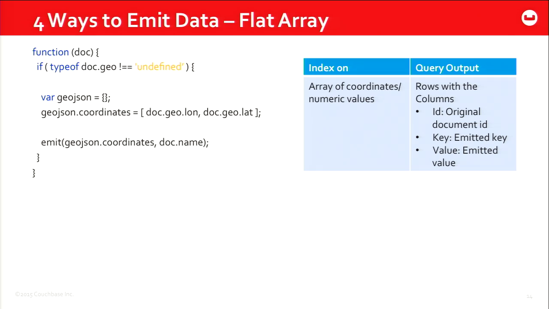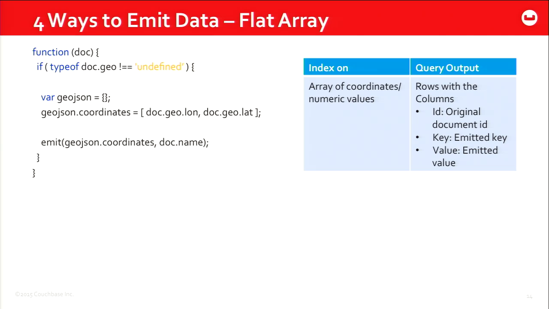So in this case you can just say, okay, I have geojson.coordinates, which is, again, just the longitude, latitude information. Instead of indexing on the GeoJSON directly, because we don't have any geometry information here, you're just emitting this array with the name.